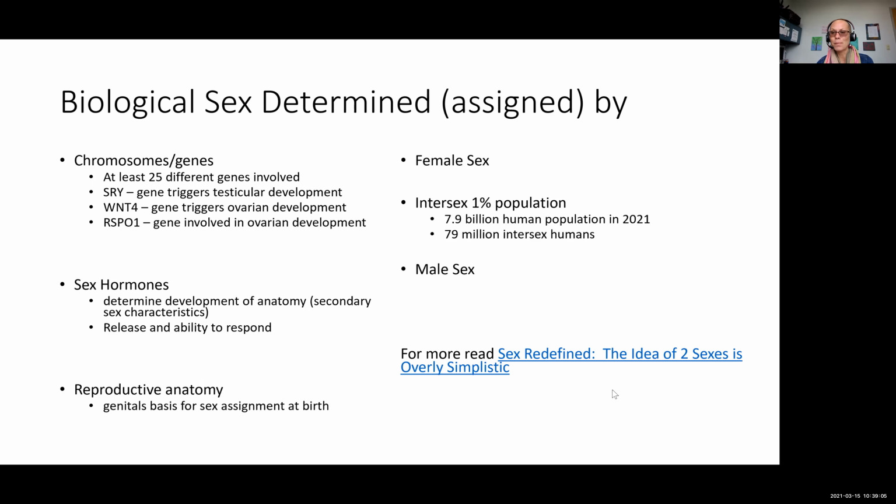And then, of course, at birth, we have the same kind of assignment happening. So again, looking at the visible external genitalia, whether we see an infant's penis or vulva, then the doctor might say, oh, you have a boy, you have a girl.